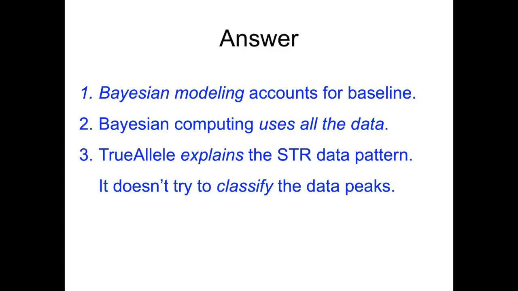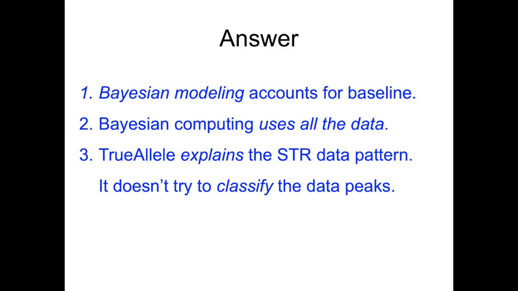But TrueAllele is trying out 100,000 different explanations at every locus, and those explanations include to what extent this pattern it's trying out against the data as a model maybe is in the allelic pattern, maybe isn't. So it's explaining the data without changing it, which is what any Bayesian program does.